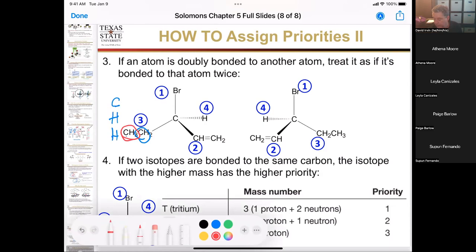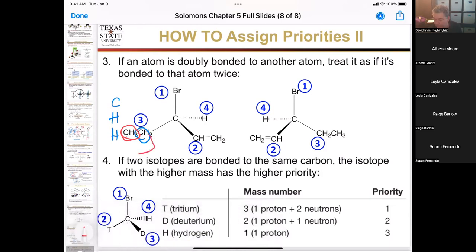So we have two hydrogens, one is here, and the carbon here, all right? So that carbon, the first carbon attached to this bond right here, has a hydrogen and a carbon.